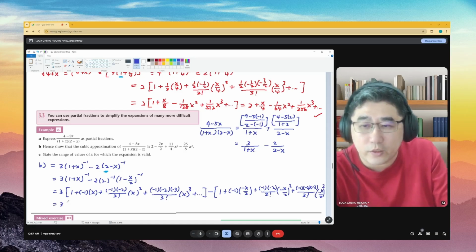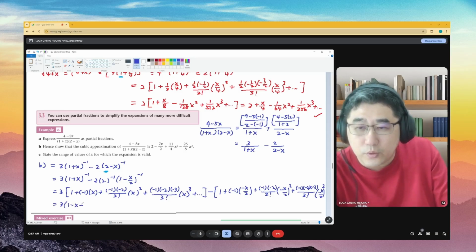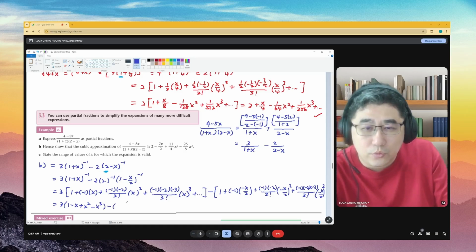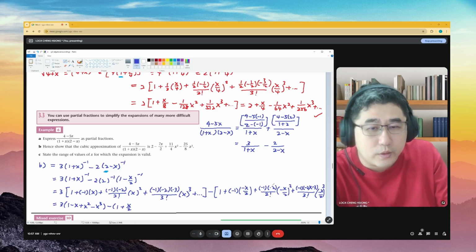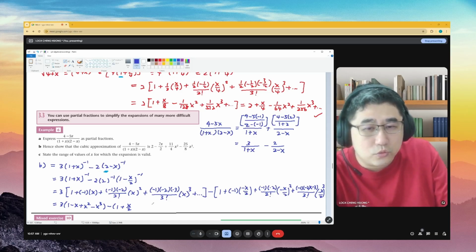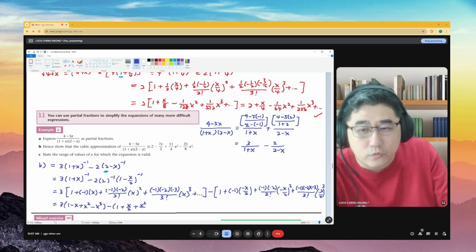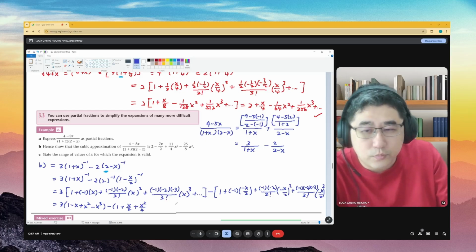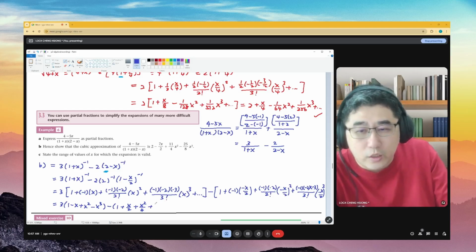So I simplify it. 3 times 1 minus x plus x squared minus x cubed, minus 1 plus x over 2, then minus minus minus is positive, so x squared over 4, then minus x cubed over 8, plus dot dot dot.